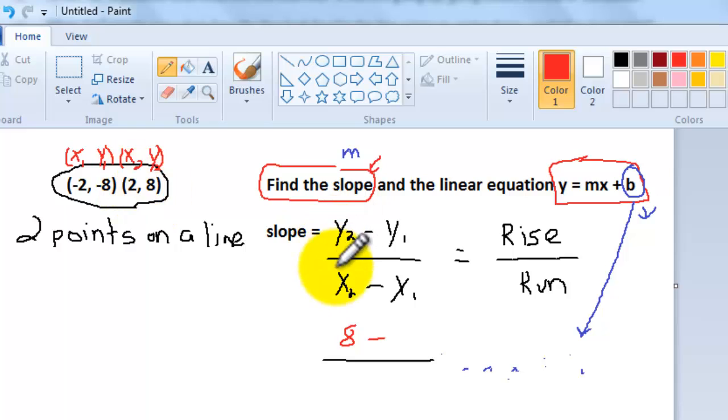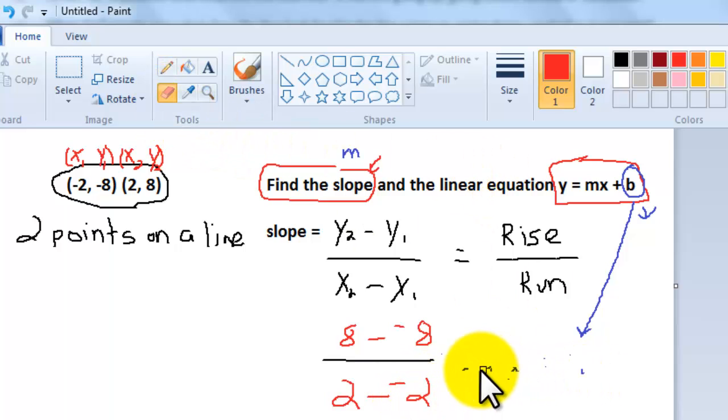This x2 value is this here, so that goes here. And that's still subtract. Now let's put in the y1 value, which is negative 8. So we have a negative 8, and yes, that is 8 minus negative 8. And then we'll put in the x1 value, which is negative 2, and that makes it minus negative 2.